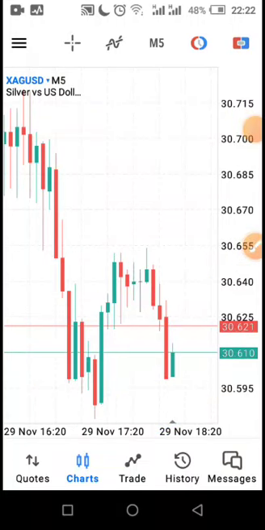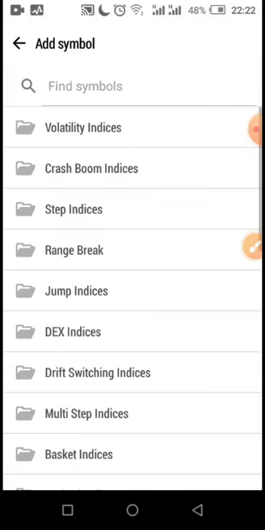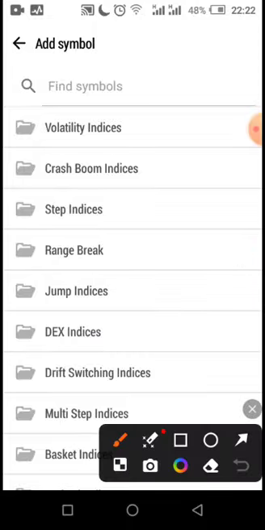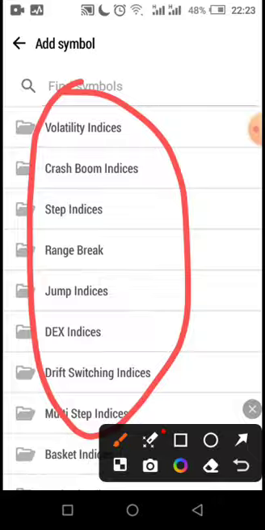This video is on asset classes, the different types of asset classes. The first one I'm going to start with is synthetic indices, the Deriv synthetic indices.